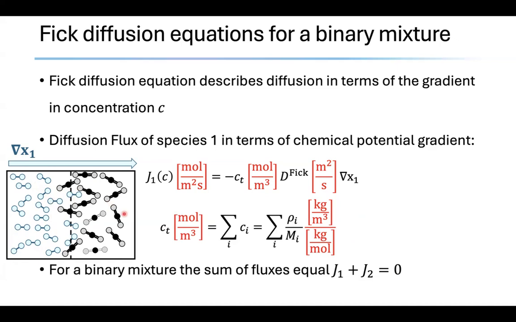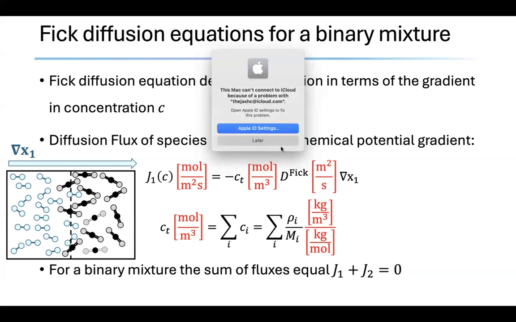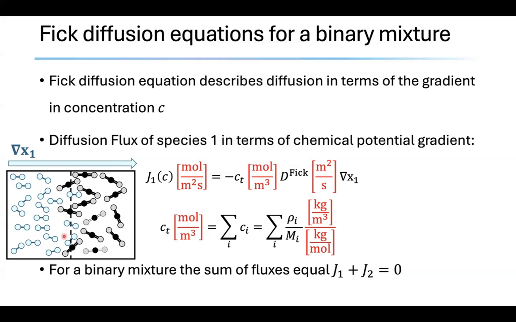It is vice versa for the right compartment, where the black molecules have a mole fraction 1 and the blue molecules have a mole fraction 0. When you set up such a system, you're basically setting up a gradient in the mole fraction.